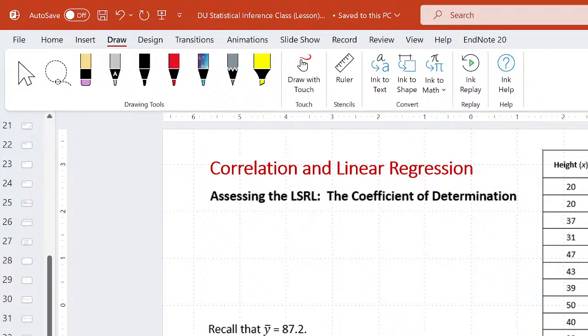That's about 18.18. I did the same thing for the y hats. Since the y's and the y hats add up to the same number, I subtracted 87.2 from all the y hats. I got a smaller number because there's less variation in those.